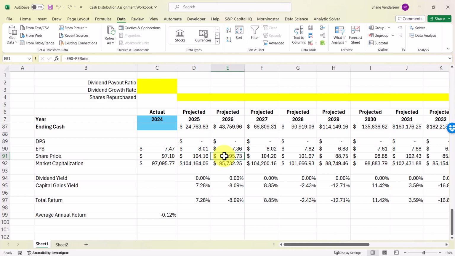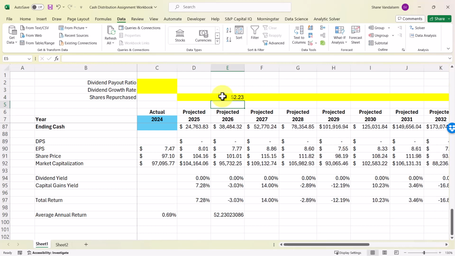So if I just try to do this by hand, I might go down here and say, okay, I'm going to have $5,000, and I'm going to divide that by the price per share, which is $95.73. So that would say I need to repurchase 52.23 shares. So I'm going to go up here to row 4 for 2026 and just type in 52.23 as the number of shares to repurchase.